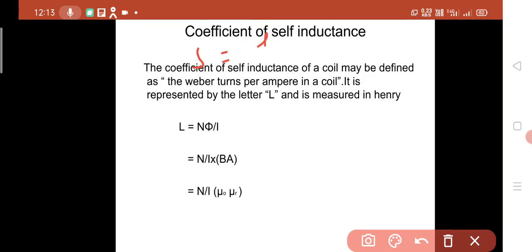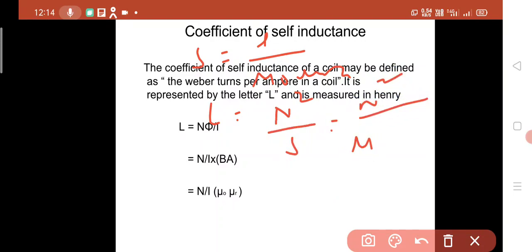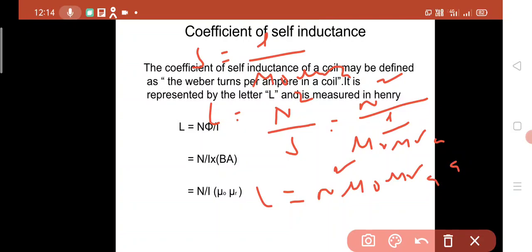S is equal to L by mu naught mu r A. So L is equal to N square by S; substituting S, N square by S is equal to L by mu naught mu r A. So okay, write down the formula.